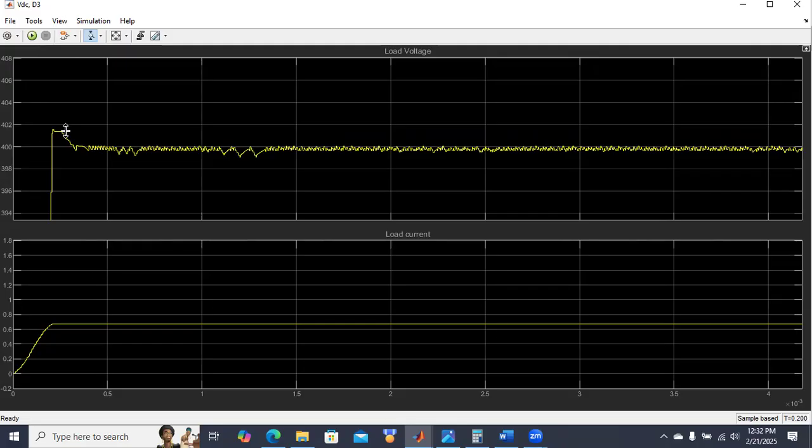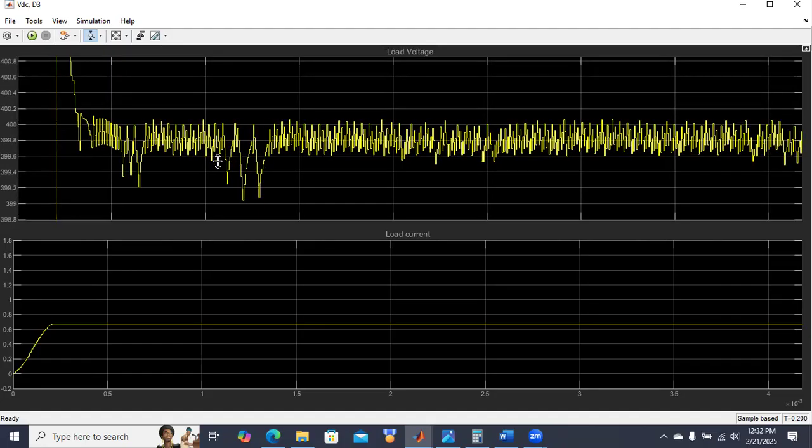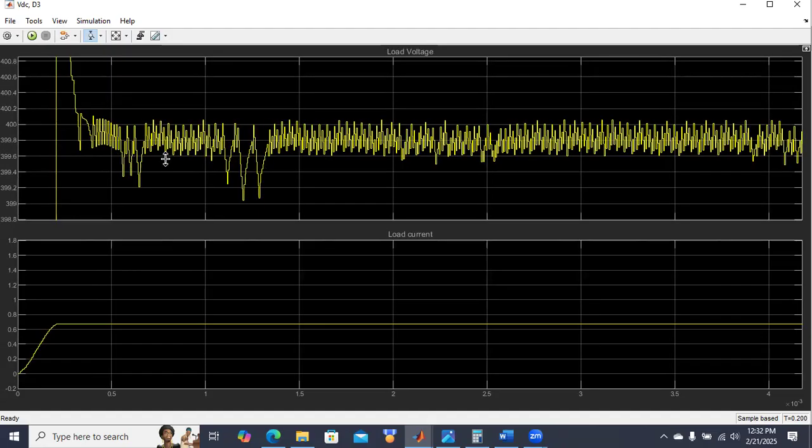And here, these are the voltage ripples. It is around 399.6 to 400 volt. So nearly 0.4 volt we are getting as the voltage ripples.